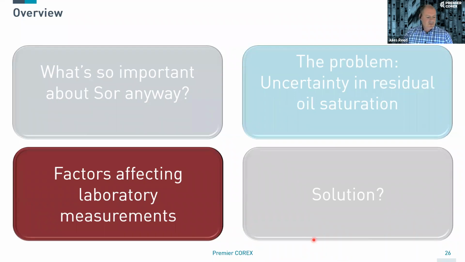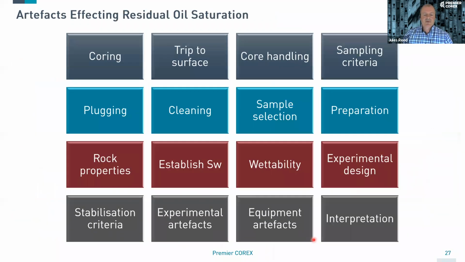So what factors affect the laboratory measurements? Well, these are wide and various. It starts from coring. And if you've attended any of our previous webinars, you'll have heard how I've gone through coring, core handling, handling in the laboratory, the processes that we're using in the laboratory, and quality control.